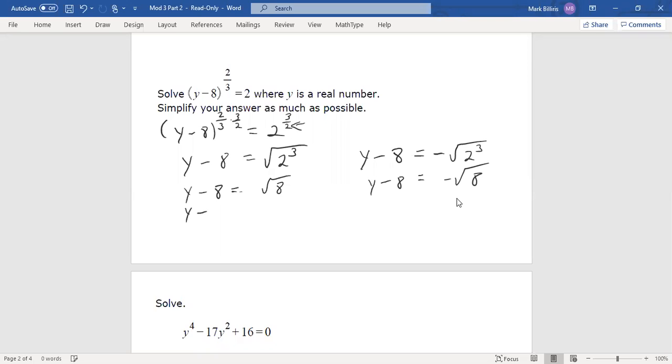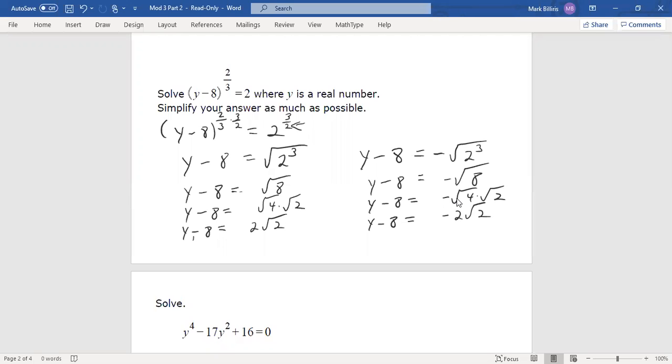So we have y minus 8 equals the square root of 4 times the square root of 2, or y minus 8 equals 2 square roots of 2. And on the other side, we have y minus 8 equals exactly the same thing, the square root of 4 times the square root of 2. So y minus 8 equals the opposite of 2, or negative 2 square roots of 2.